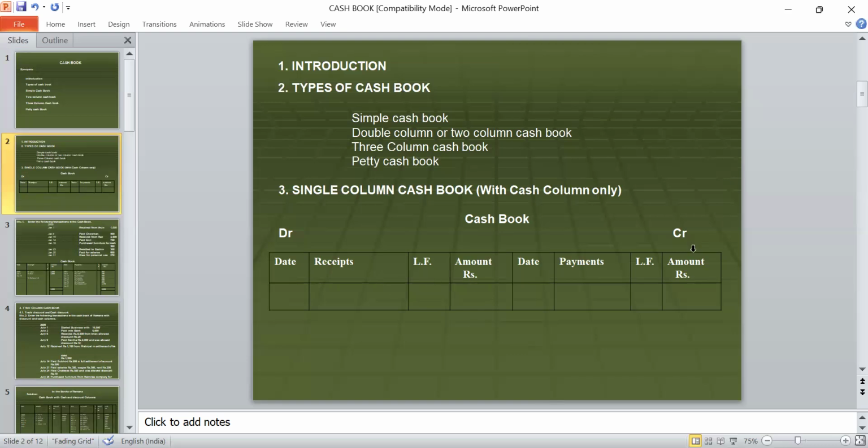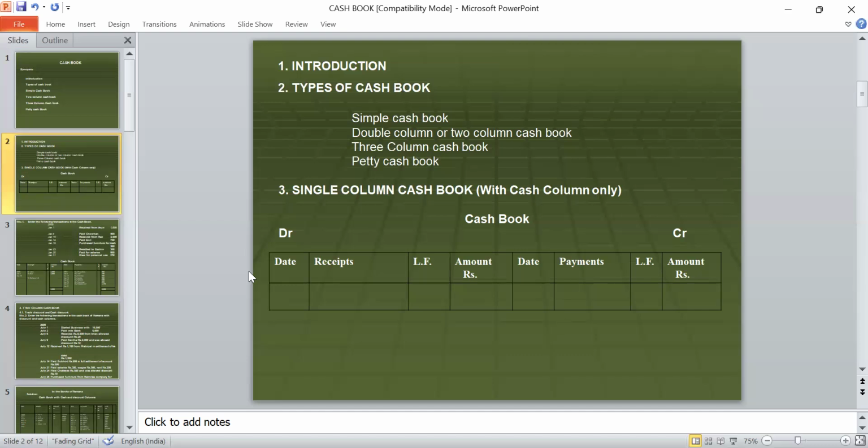Again the same columns on the credit side: date, particulars, which means transactions related to cash payments, ledger folio, and again an amount column. Okay, this is the required pro forma for single column or simple cash book.